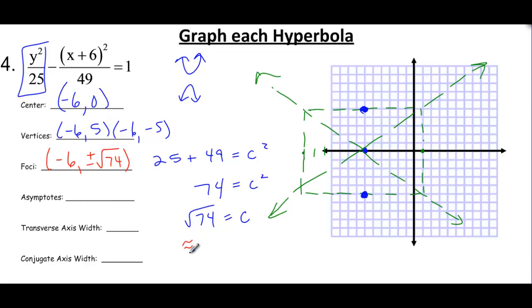If I want to know what this is, it's approximately 8 point something, because it's between 8 and 9. 8 squared is 64, 9 squared is 81, and 74 is between that. So if I go up 8 and a little bit, and down 8 and a little bit, those would be my 2 focal points. Those always fall inside your hyperbolas.